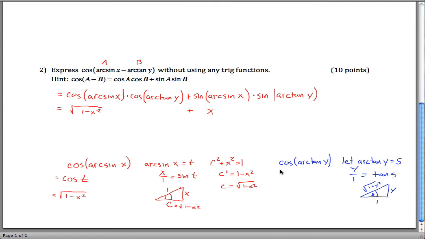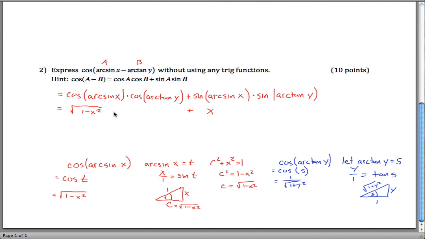If you want me to figure out the cosine of the arctangent of Y, because the arctangent of Y is just S, all I have to figure out is the cosine of S, and I can get that by looking down here. Cosine is adjacent over hypotenuse, so adjacent is 1, and hypotenuse is the square root of 1 plus Y squared. So what did I just figure out?